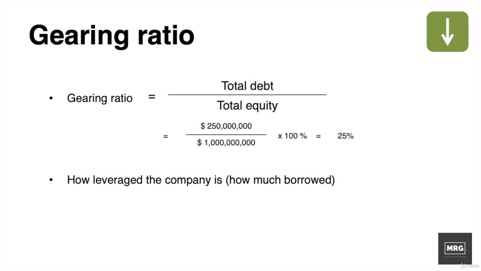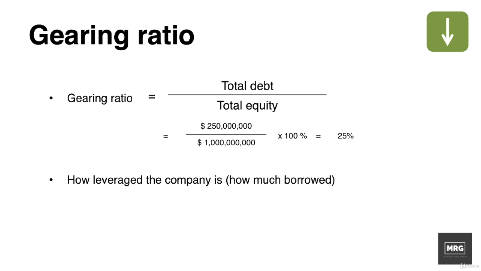In this example, 250 million in total debt divided by a billion in total equity multiplied by 100%, you will get 25%. So when we talk about a 25% gearing ratio, we are saying that the company has 25% of leverage over its total equity.